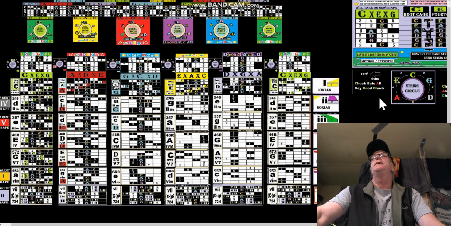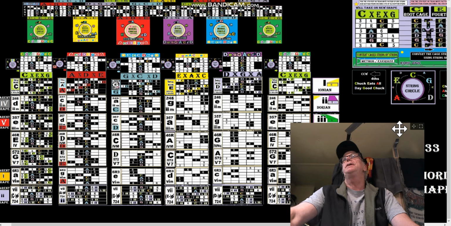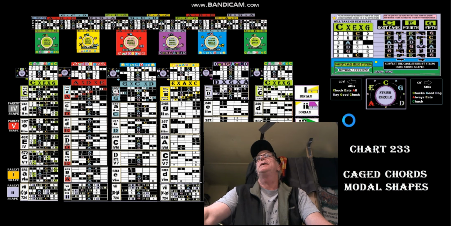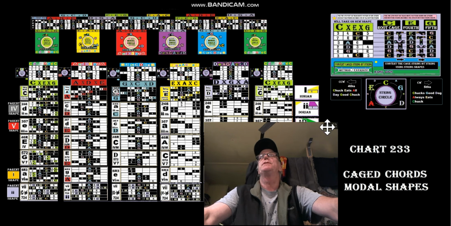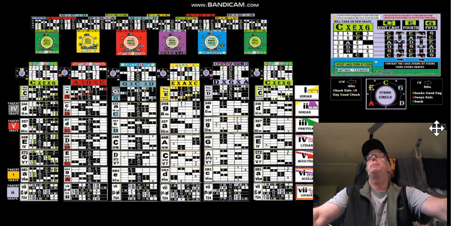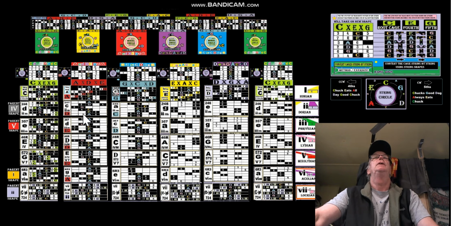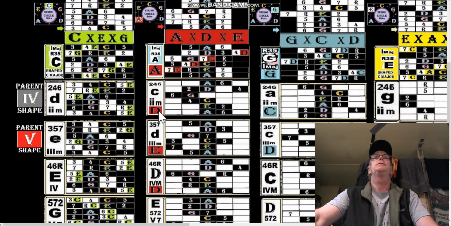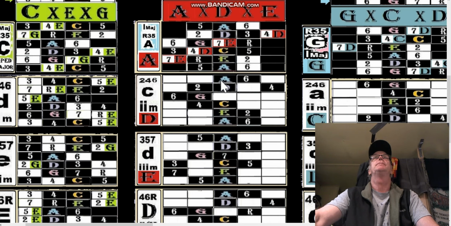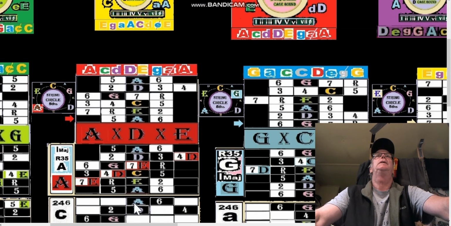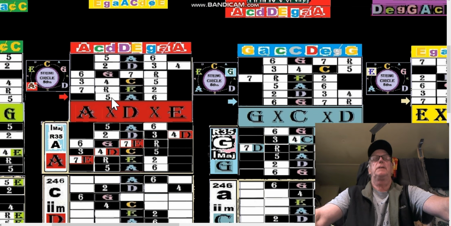Okay, and this is chart 233, which is CAGED chords, modal shapes. When I talk about modal shapes, let's look over here. There's something easy. Say we have our A cage.